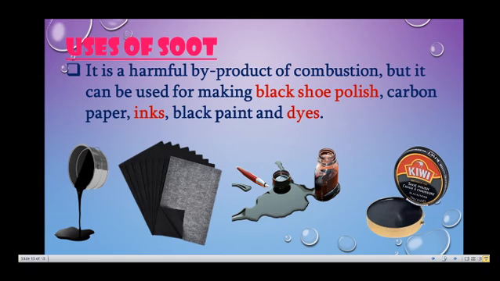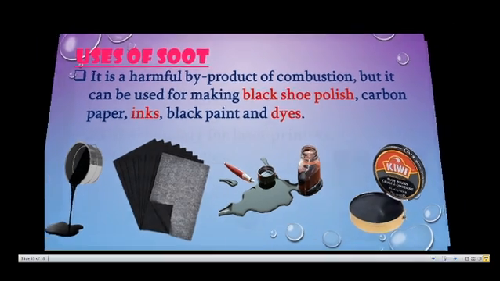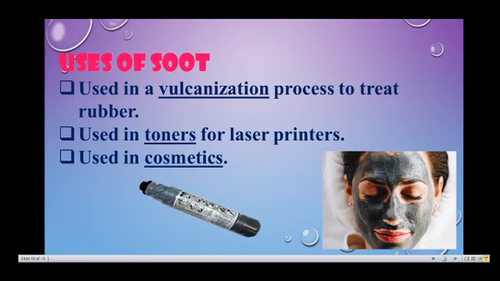We can use it for making black shoe polish, carbon paper, inks, black paint, and dyes. So externally we can use it because it is a harmful byproduct. And it is used in the vulcanization process to treat rubber. Generally natural rubber is not that elastic and is soft.